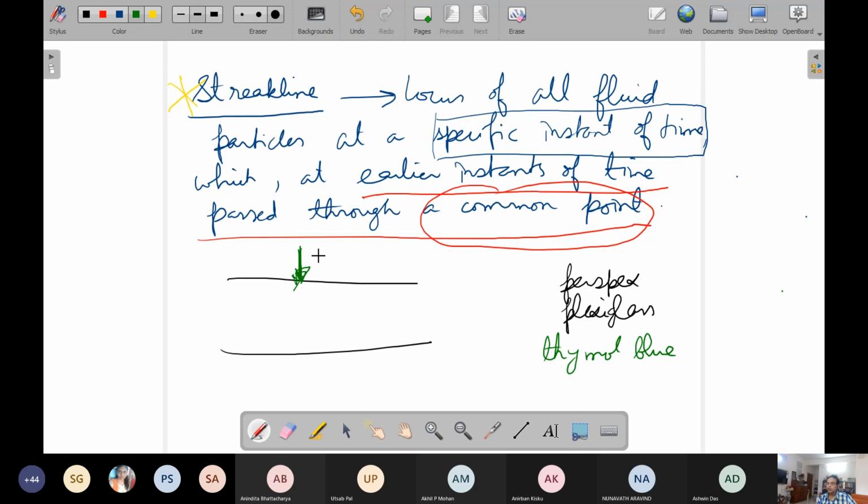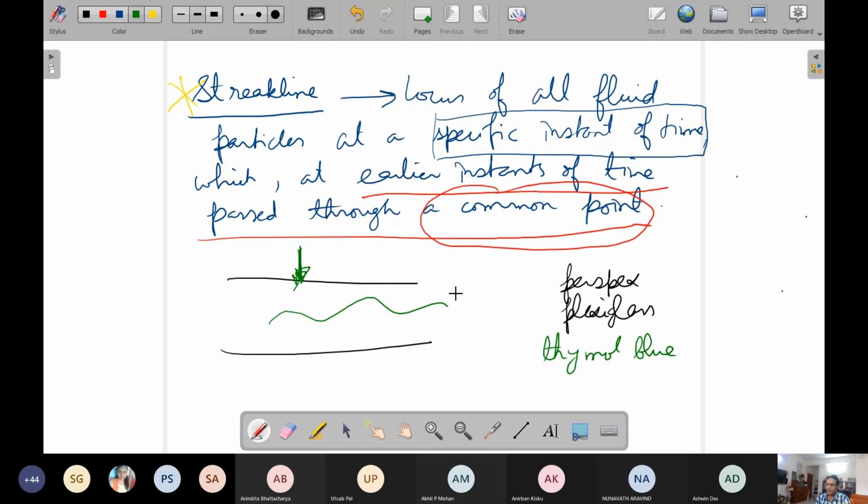Say for about 1 hour, you have gone out of the experimental room and you have done some other work, taken a cup of tea and come back, and you see a colored line. So this colored line, typically if it's a blue dye, it's a blue colored line. If it's a green dye, I mean blue, green, red, all types of dyes are there. You will get a red line, green line, etc.